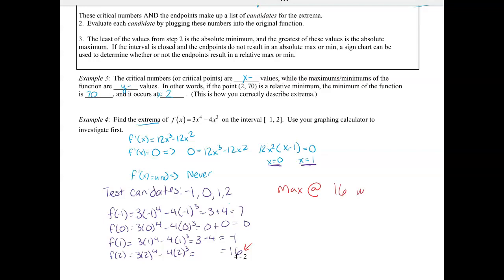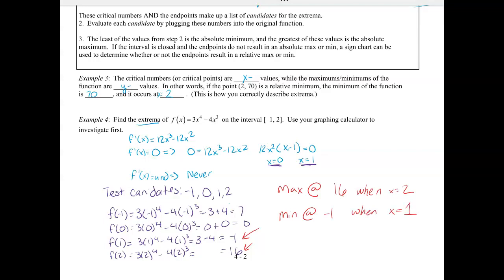Well, that 16 happened when x equaled 2. And then what about my minimum? Well, what's my lowest y value that I see? My lowest y value is -1. So I have a minimum at -1. And that happened when I plugged in x equal to 1.